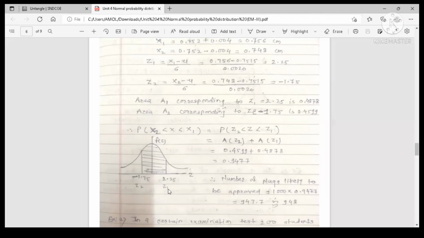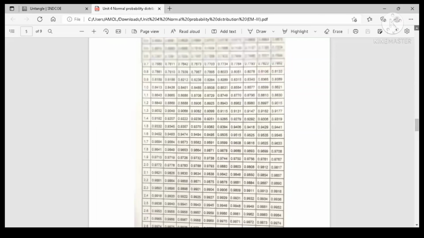Now you just add the area of z1 plus the area of z2. That will be the probability between z1 and z2. Now the question is what is the area of z2? The value of z2 is minus 1.75. You see the normal distribution table, 1.75.